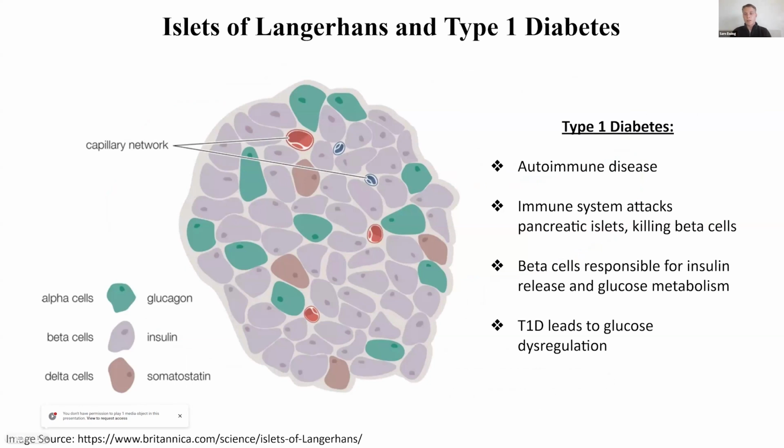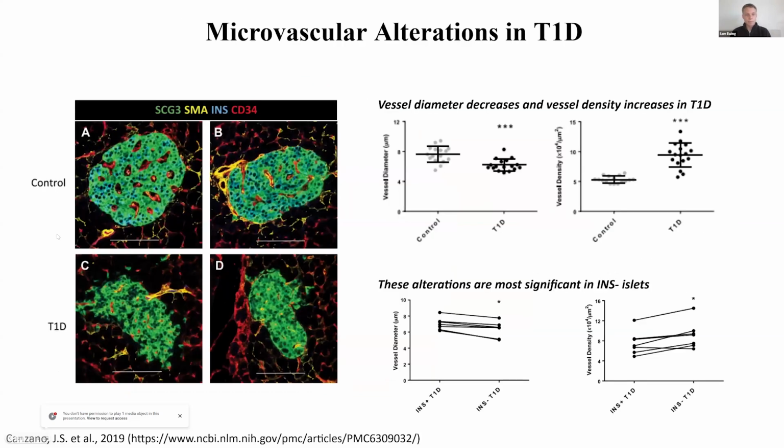And so our lab specifically studies type 1 diabetes, which is an autoimmune disease of the pancreas, where the immune system attacks these pancreatic islets, kills primarily the beta cells. And since beta cells are responsible for insulin release and glucose metabolism, this leads to glucose dysregulation in the body. Next slide.